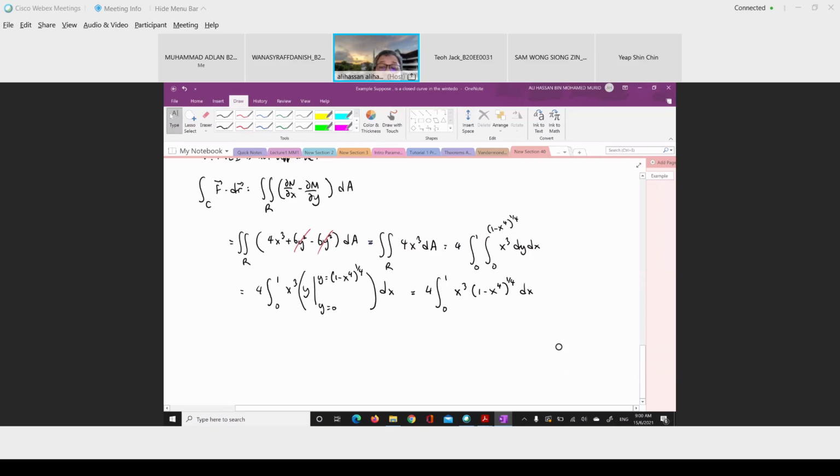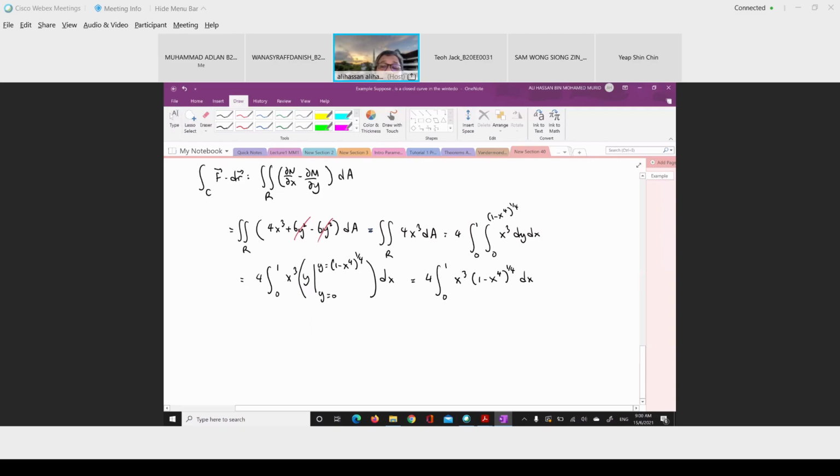Any idea how to evaluate this integral? Use substitution. What substitution? U equals 1 minus x to the power of 4.